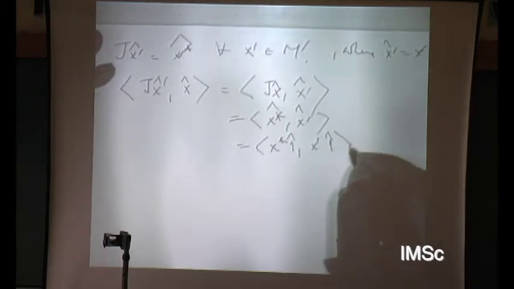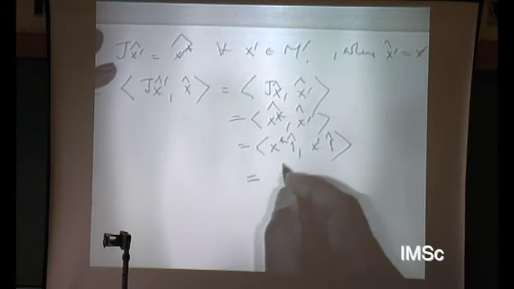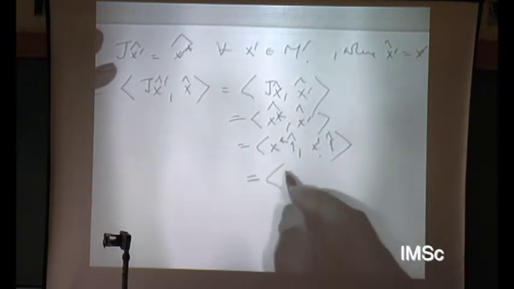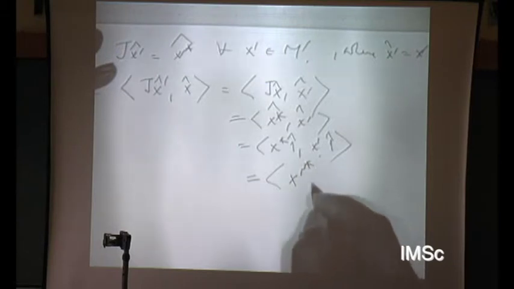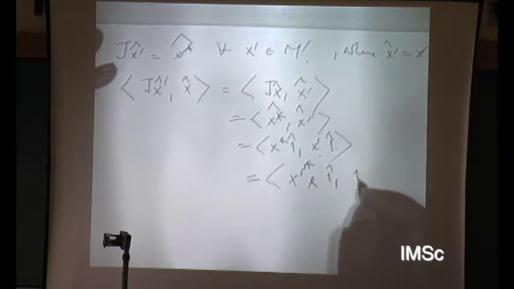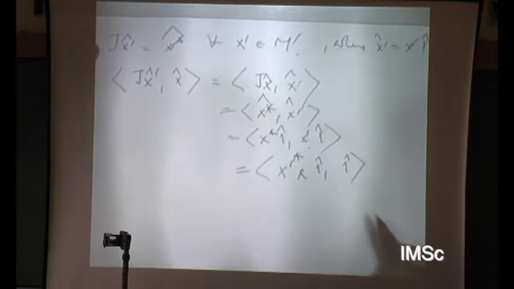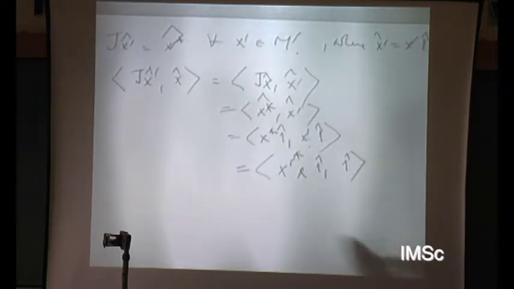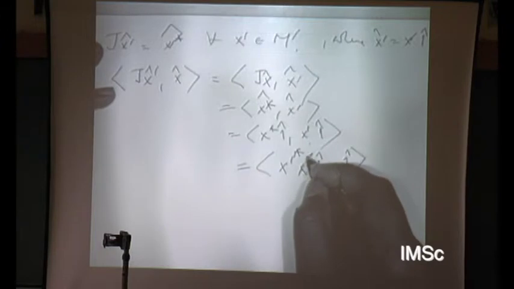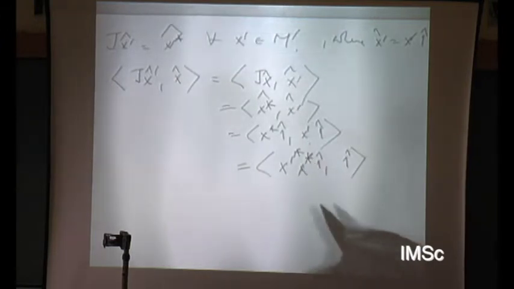Okay, so this is what we have. Then I can pull the X prime over to this side as X prime star, X 1 hat, 1 hat. X star. But now X prime and X commute, and so they are adjoints also.